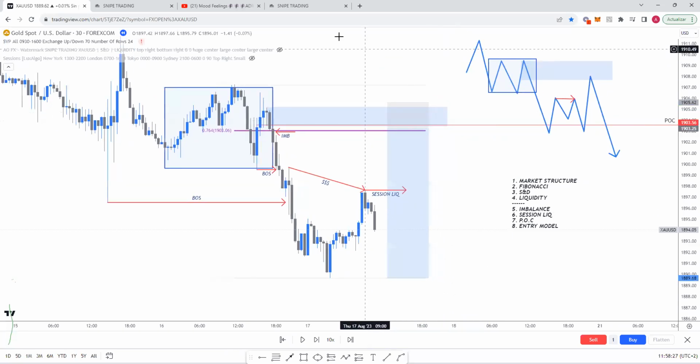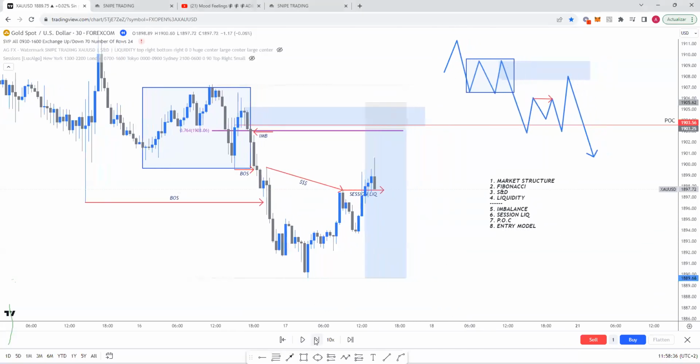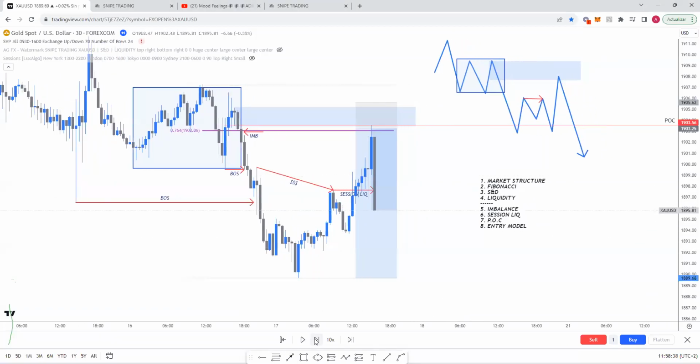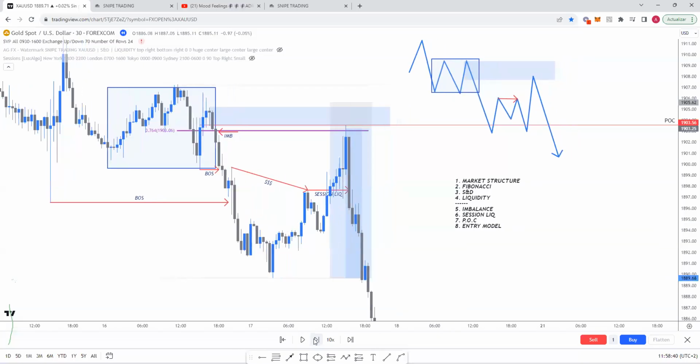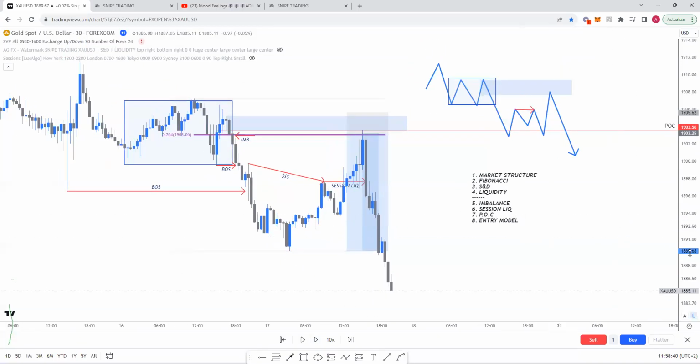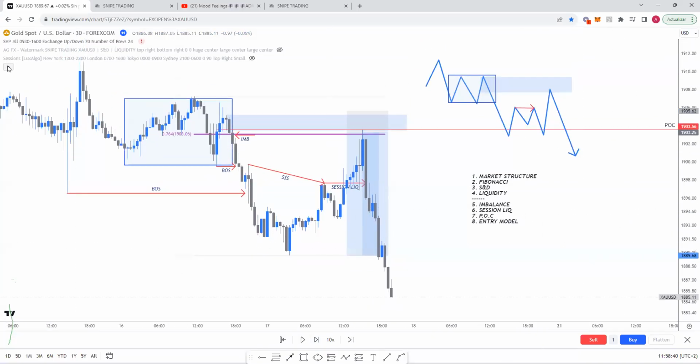But yeah, premium setup. This is how it played out. Tap in, sniper entry, and then price just respected it perfectly.